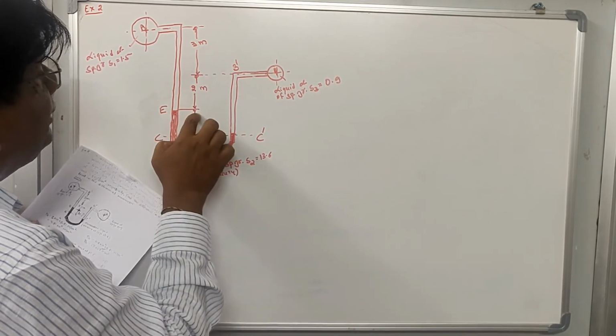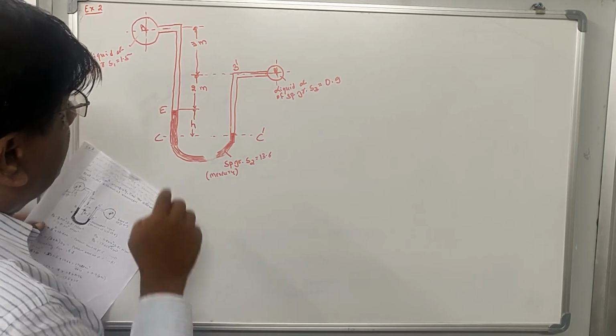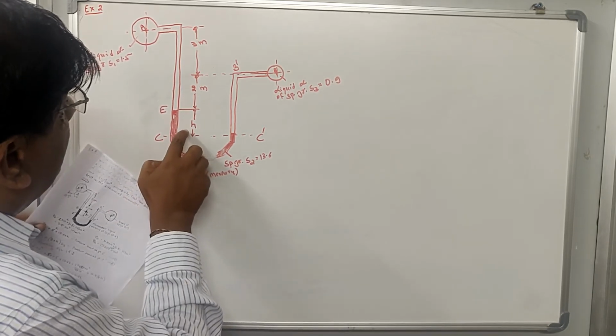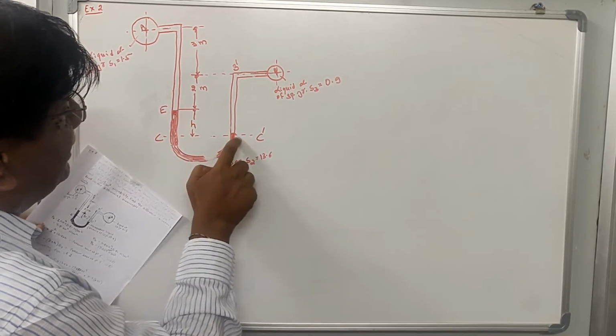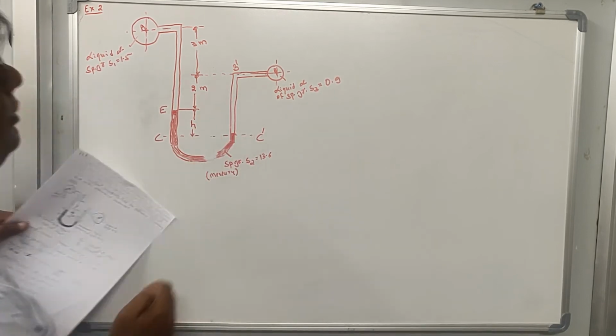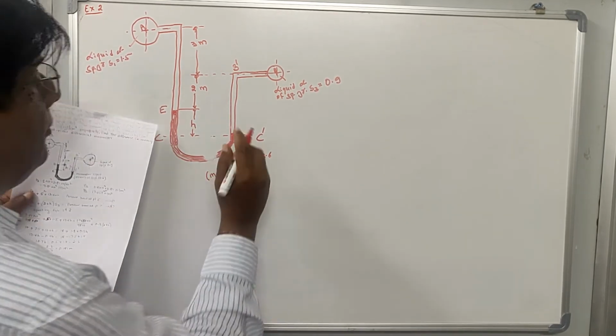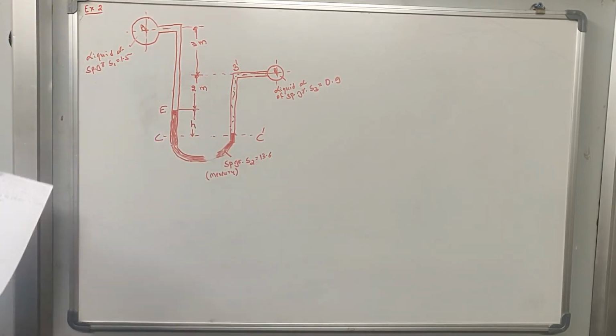Point E is 2 meter below the center line of point B. Then this is the manometric column height, that is H. C and C dash are at the same level, and this is the fluid of specific gravity S3.